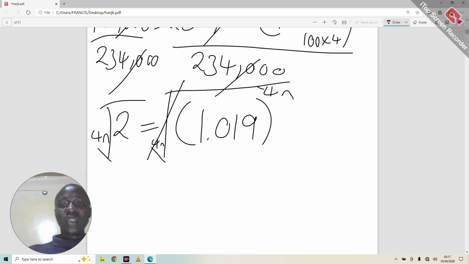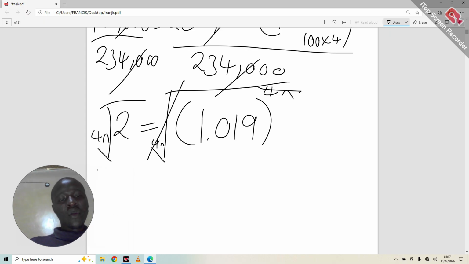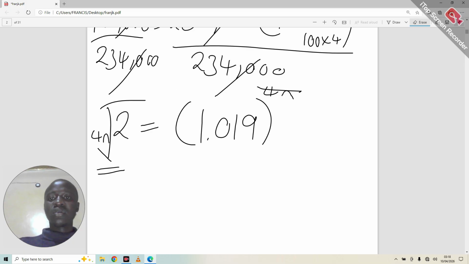Well, this will cancel this, but what about this other side? How will such a student solve this other part? There is no approach to getting such an answer using that procedure. That is very much wrong.